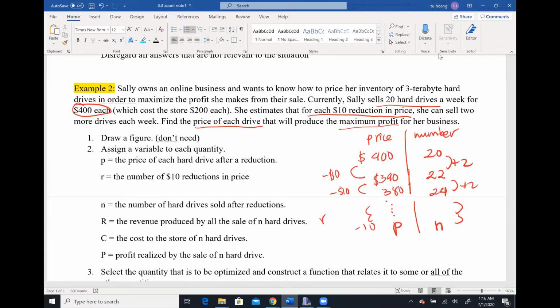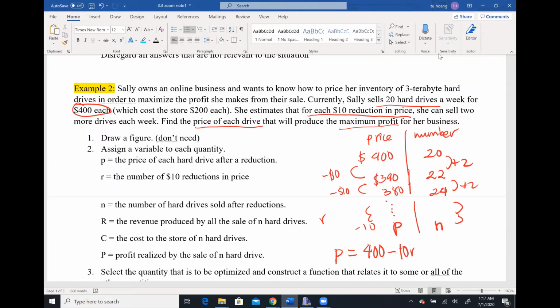So in short, I'm going to say P should be equal to 400, and you will subtract the number of $10 reductions, which means R, multiplied by the price for each reduction, which is $10. So 10R, right?